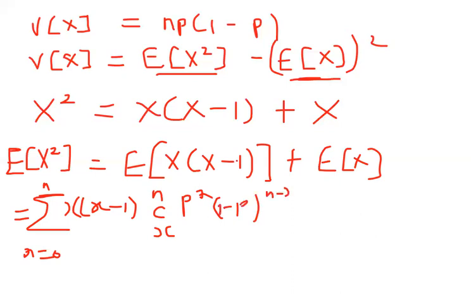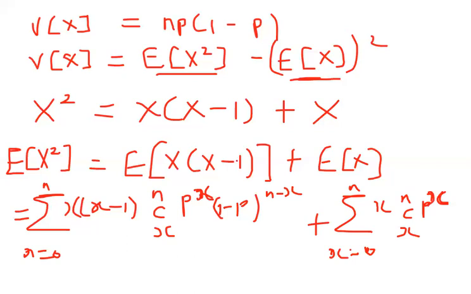This is X here, right? Plus expectation of X is the same as summation of X equals 0 up to n, then X multiplied by n combination X p to the power X, then 1 minus p exponent n minus X. Okay.